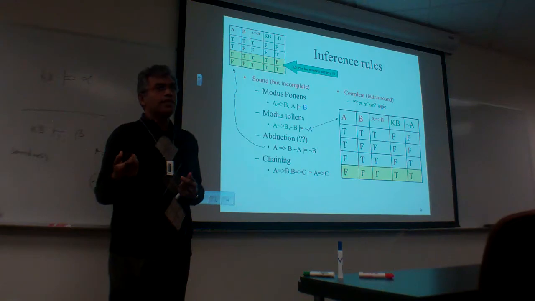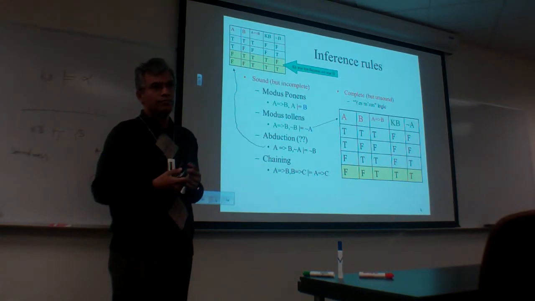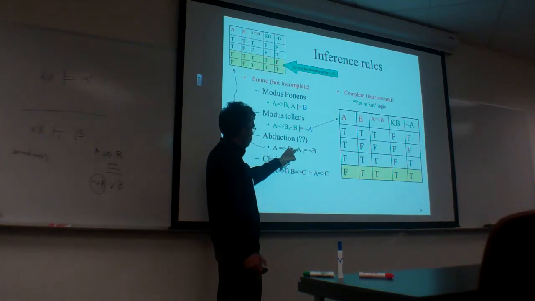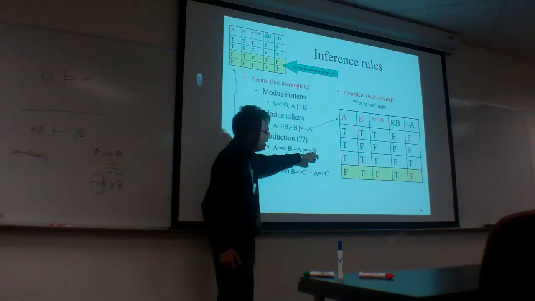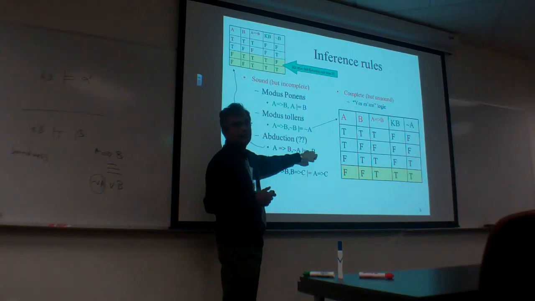You see what I'm saying? That is the reason why the entailment doesn't hold. And so if you use this rule, then you would be deriving certain things that are not actually entailed. So it's an unsound rule of inference.